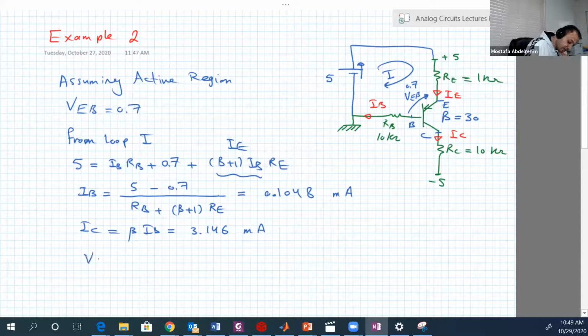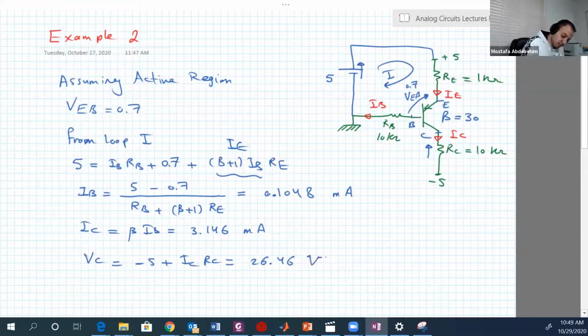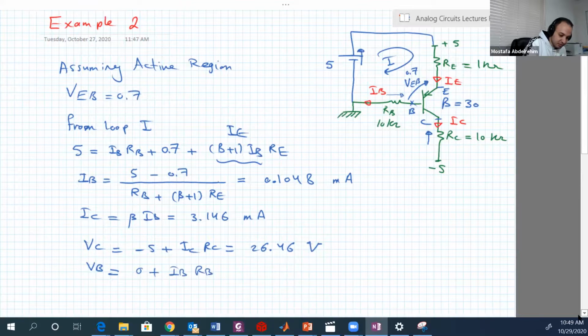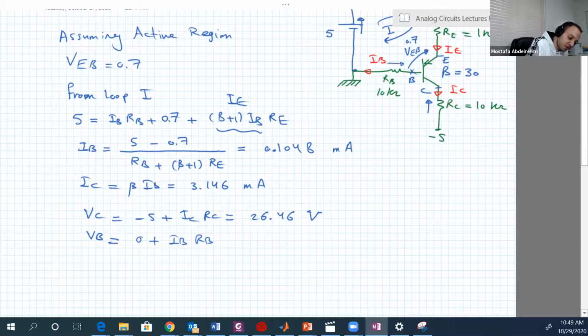Now let's check if we are really in active or not. We're going to calculate VC. VC is equal to -5 plus ICRC, which gives 26.46 volts. And VB is the voltage at this point. It's equal to 0 plus IBRB, because this point is 0 and the voltage here is in that way.